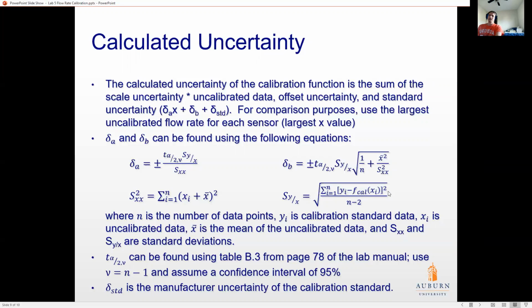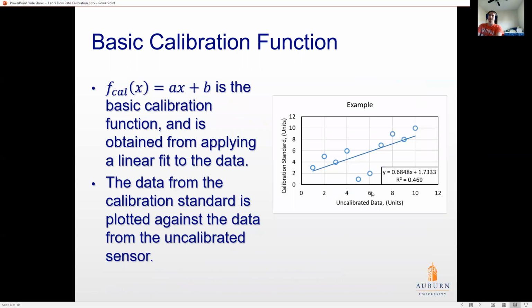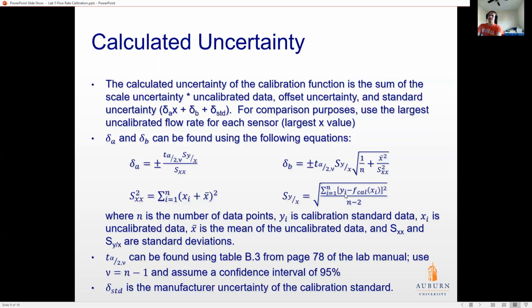SYX is comparing your standard. This plot is the Y's and the X's. The Y's are all your standard data points, the output of the sensor you used as a calibration standard.